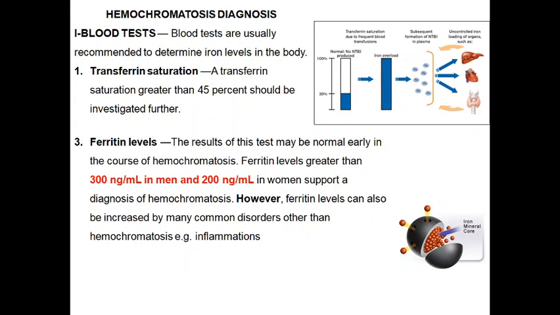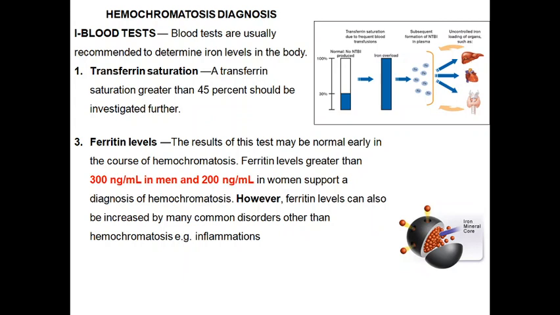Again, ferritin will build up inside the parenchymal tissues, and it will show up as high levels of ferritin in the blood. Ferritin levels greater than 300 nanograms per mL in men and 200 nanograms per mL in females may support the diagnosis of hemochromatosis.